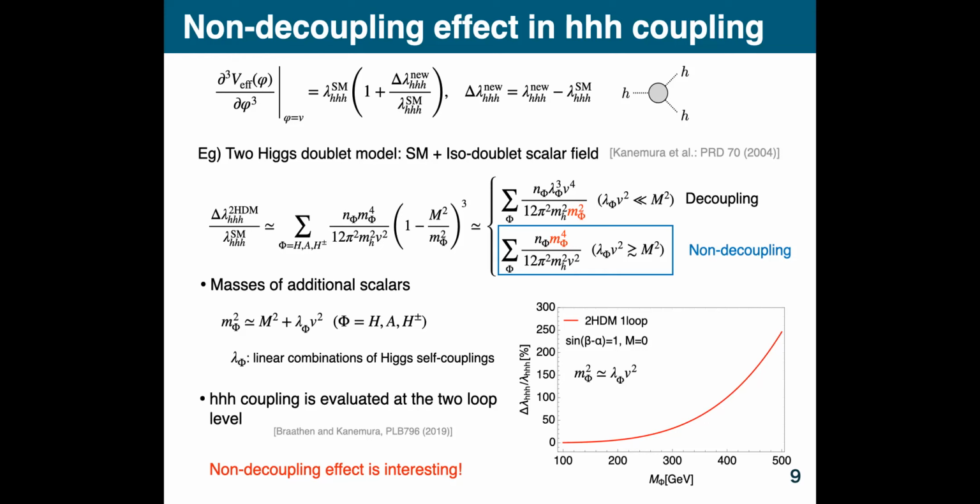This property is very interesting. This figure shows a prediction of the triple Higgs boson coupling in the two Higgs doublet model with non-decoupling. As you can see, the triple Higgs boson coupling can deviate from the standard model prediction by about a few 100%. So the non-decoupling effect is a very interesting phenomenon.